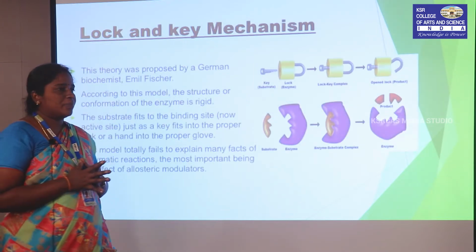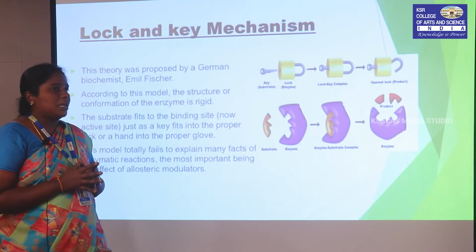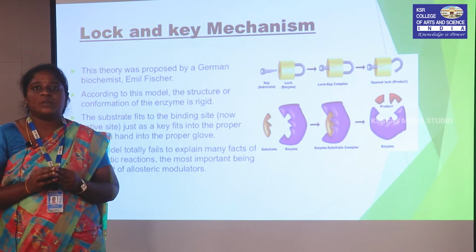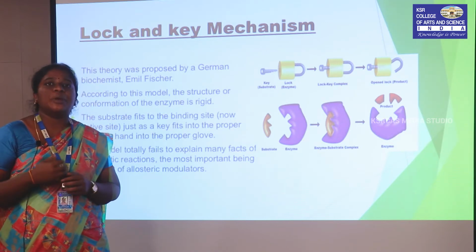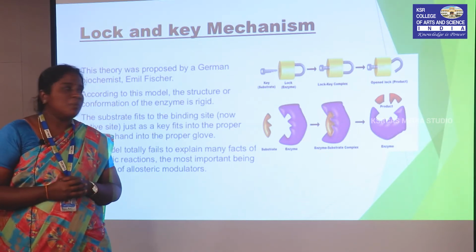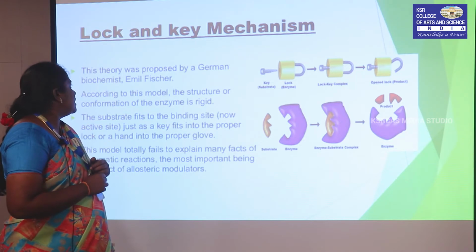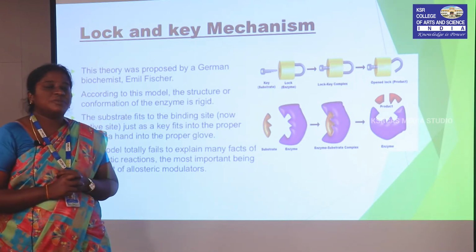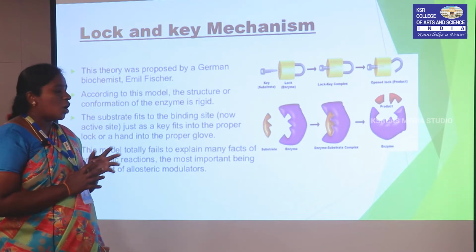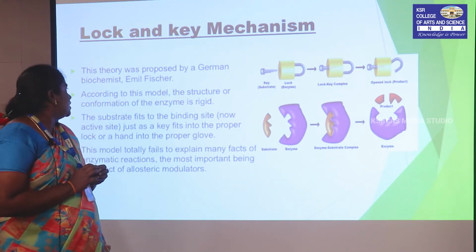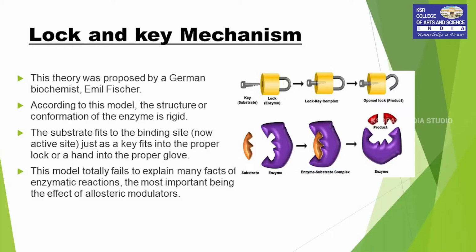Next, there are 2 models of the mechanism: first, the lock and key model, and second, the induced fit hypothesis. First, the lock and key model. This theory was first proposed by Emil Fischer. According to this model, the structure and conformation of the enzyme are rigid.